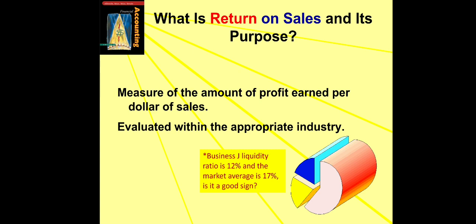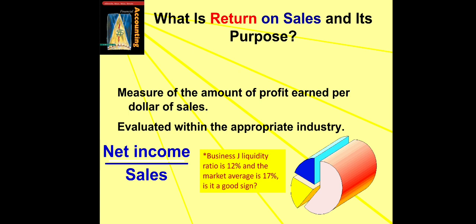Okay, let's see. This is the formula to calculate return on sales ratio. The formula is net income or profit divided by sales. For return on sales ratio, the higher the ratio, the better the business in terms of profit earned per dollar of sales.